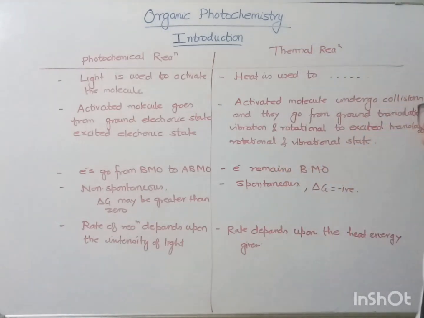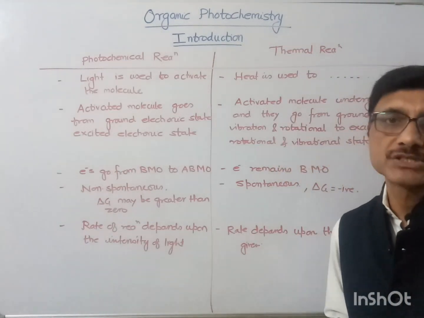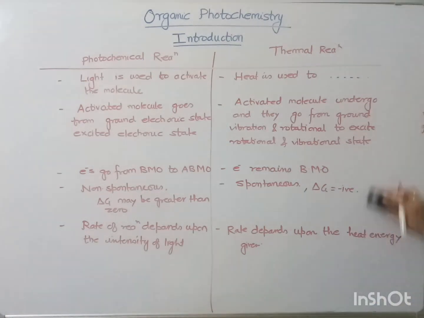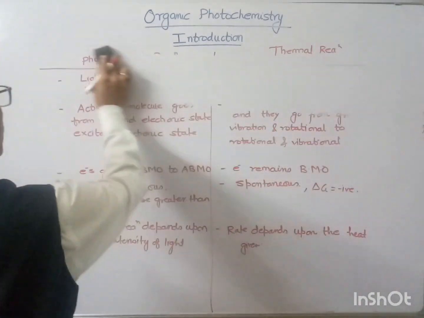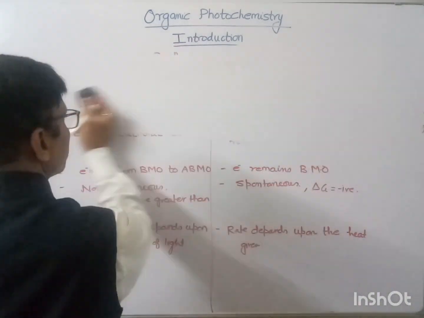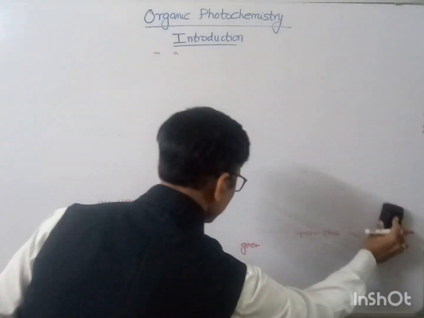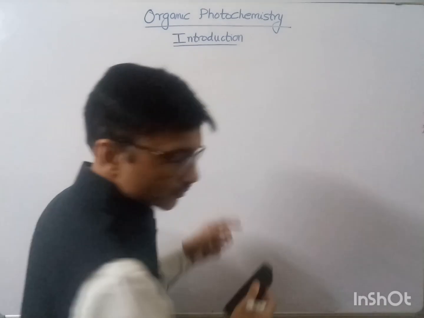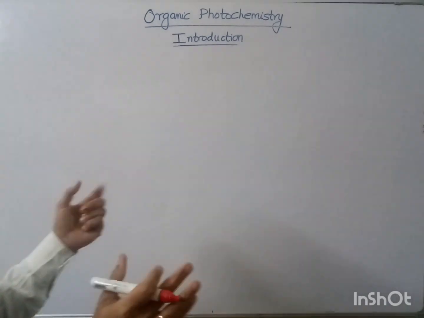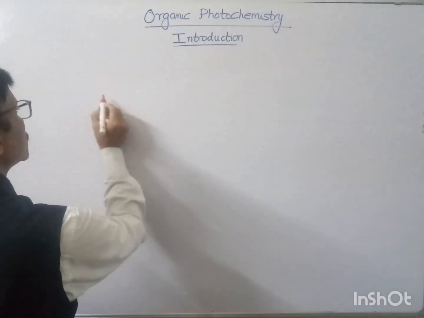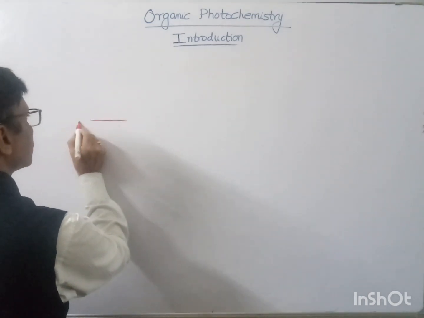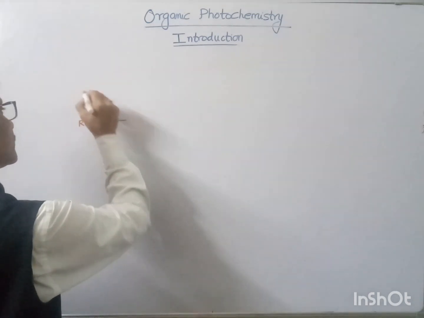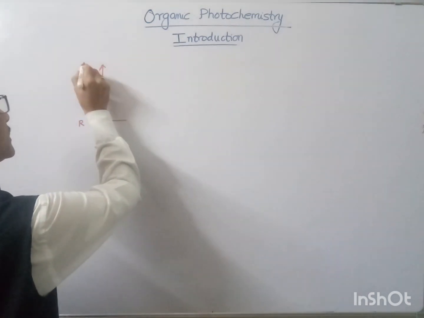Now, there are some laws which govern the photochemical reaction. Let us see some of them. Suppose we want to understand photochemical and thermal reactions by a diagram. Suppose we have a reactant, and after absorbing the light, it goes into the excited state like this.